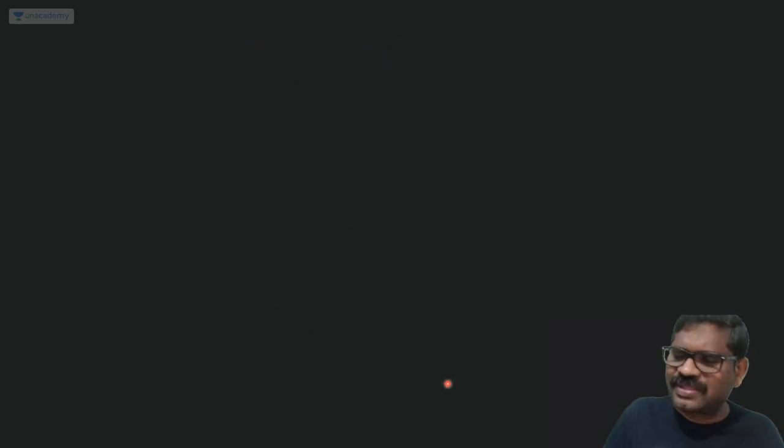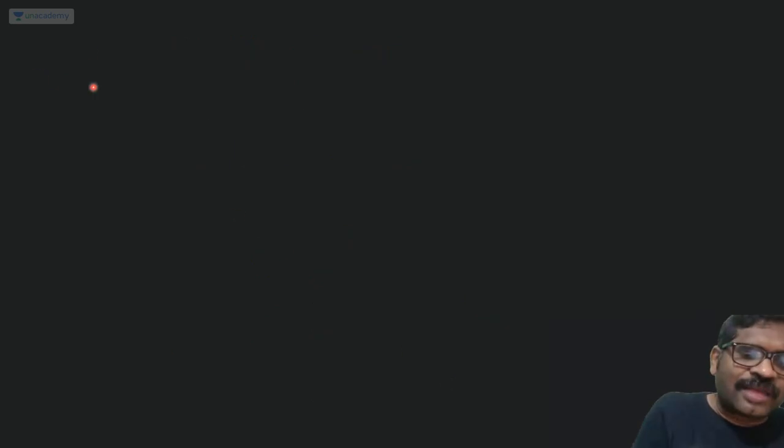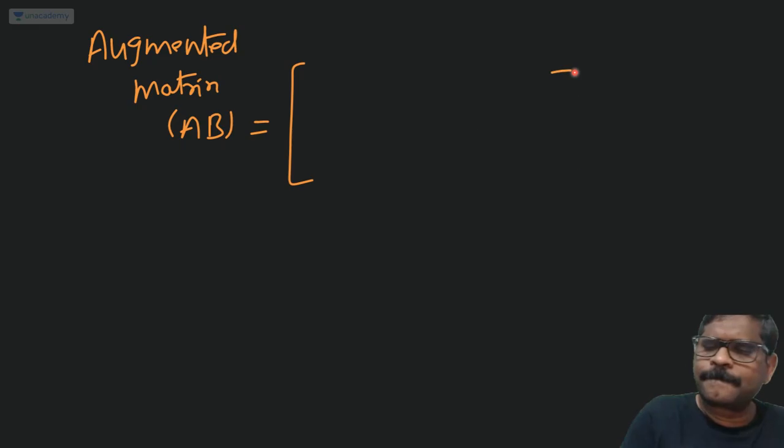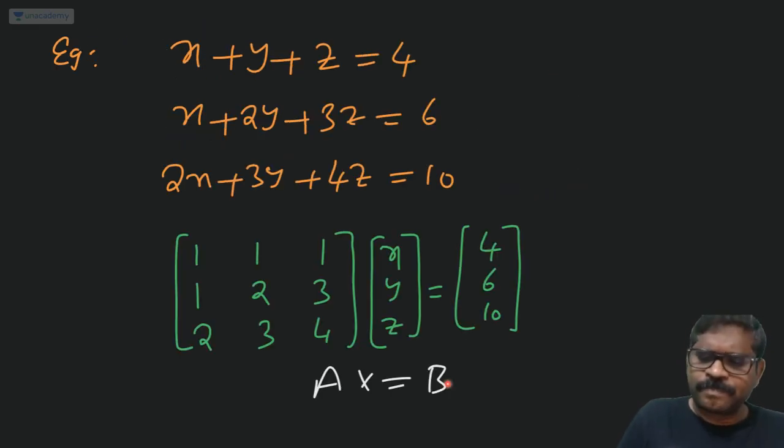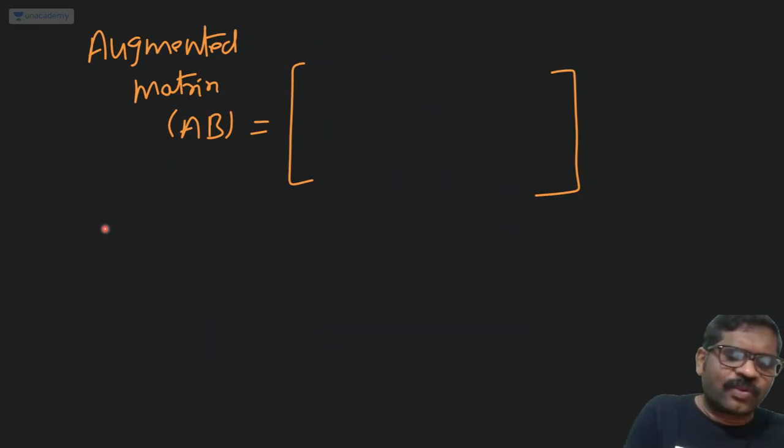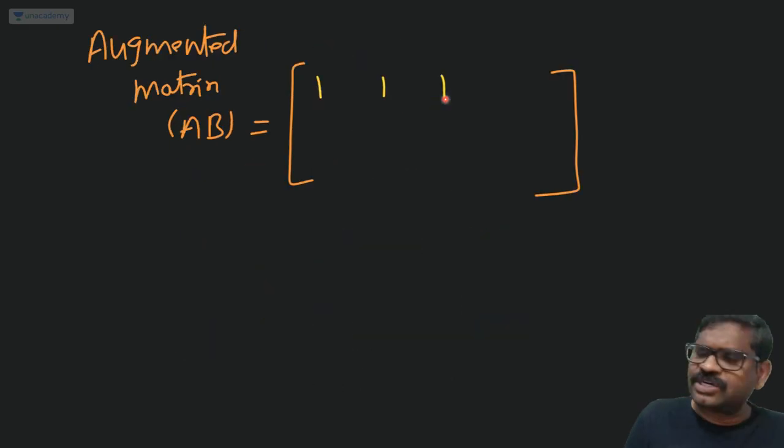Now, the augmented matrix AB. 1, 1, 1. 1, 2, 3. 2, 3, 4.